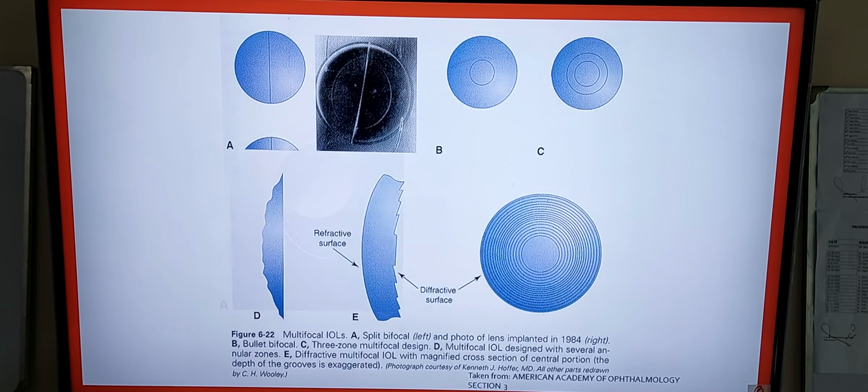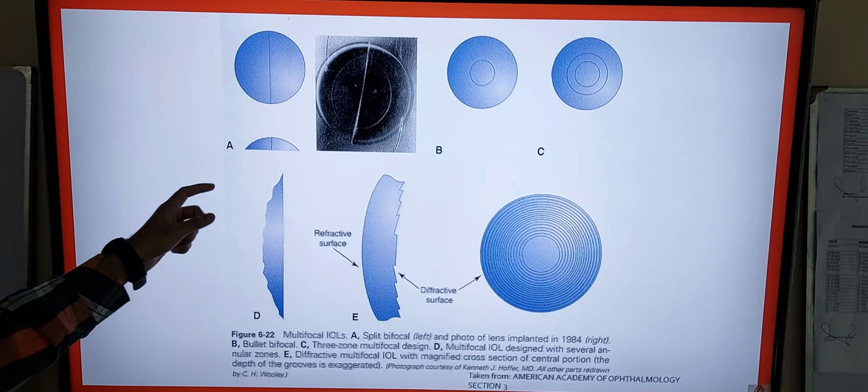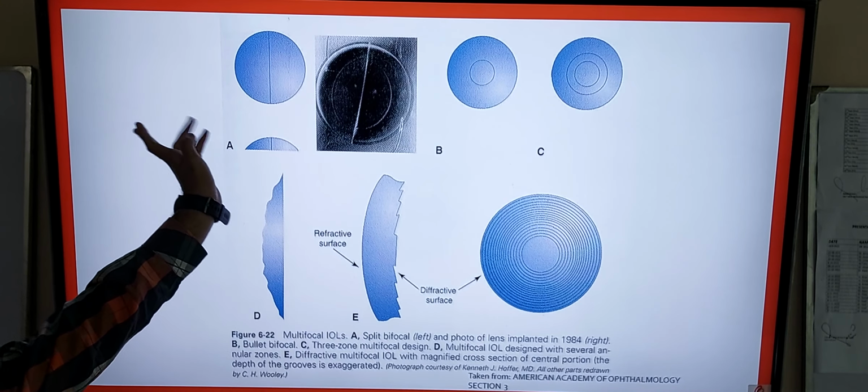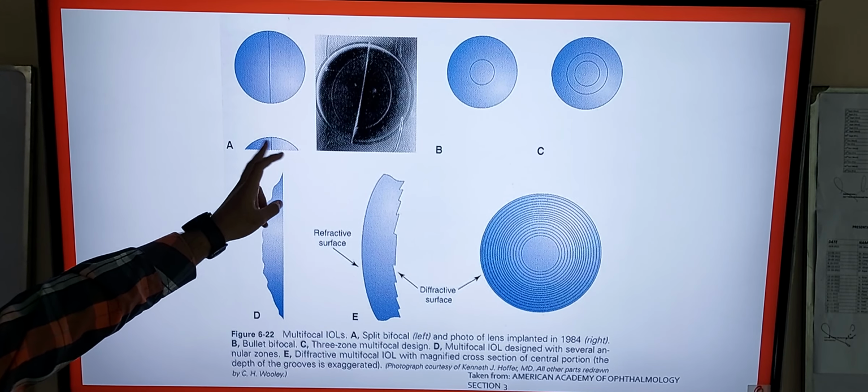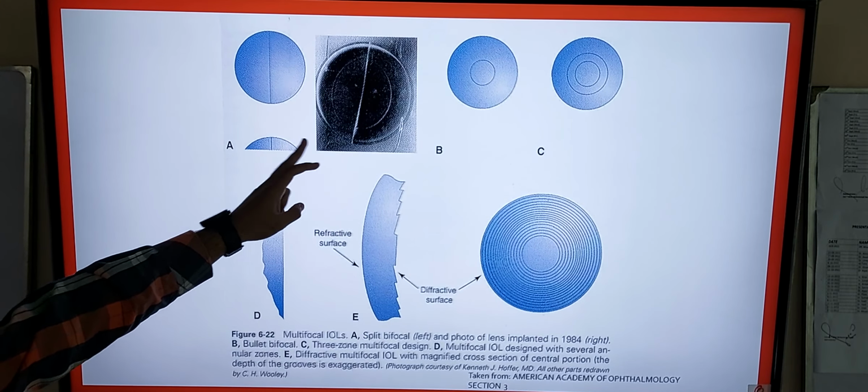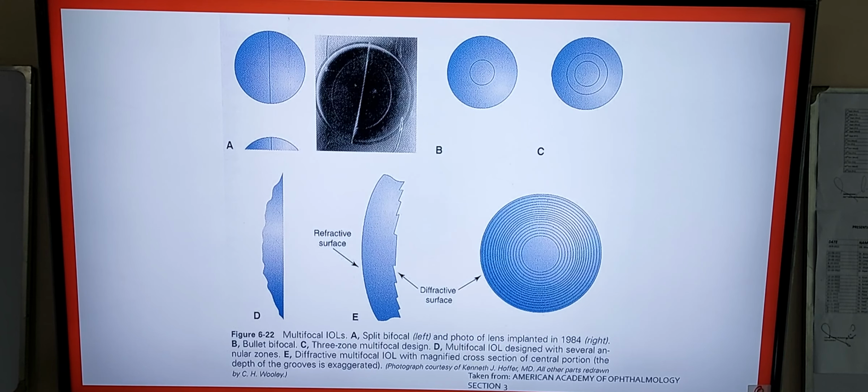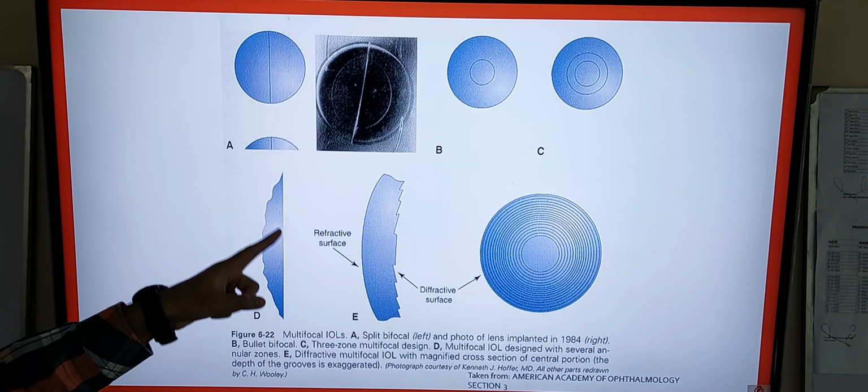These are the various designs of multifocal lenses. This is a split bifocal lens. One part is used for far vision, the other one is used for near vision, and this is the original picture. Then there is a bullseye bifocal, which has circular division. Then there is a three zone multifocal design.